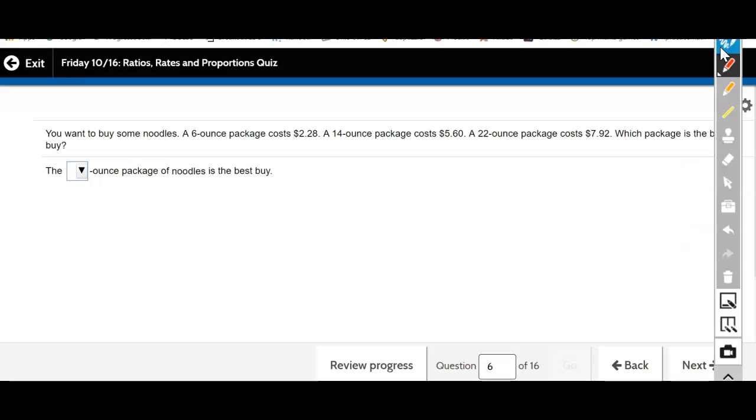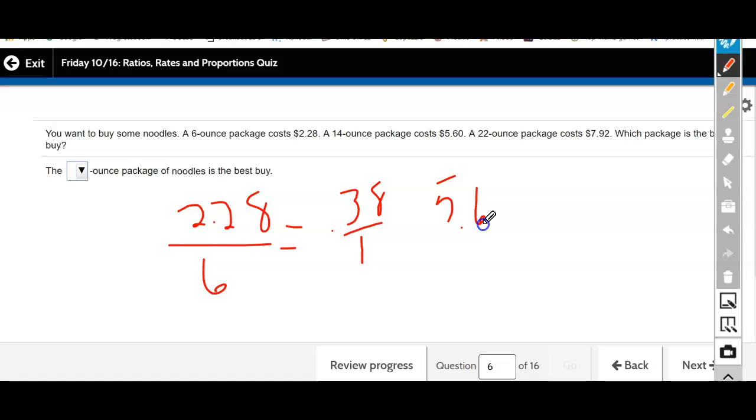We would go 2.28 over 6. So divide that out. 2.28 divided by 6. What is it? So 38 cents per 1 ounce. The next one's 5.60 divided by 14 ounces. 0.4, so that's 40 cents per ounce.